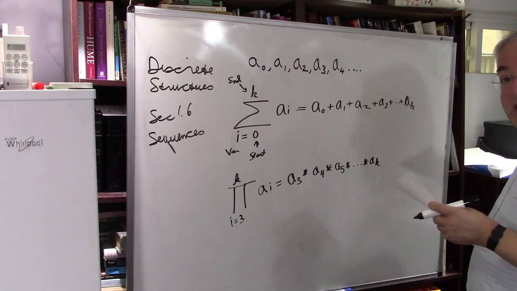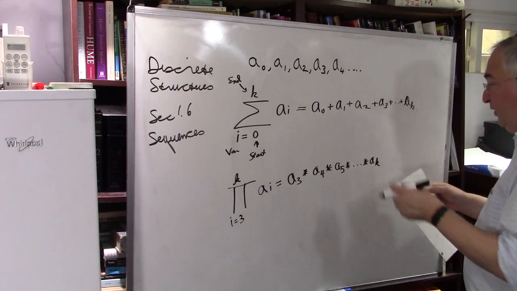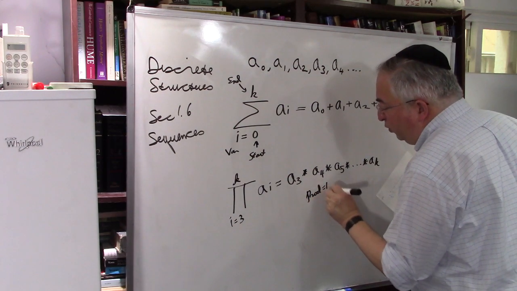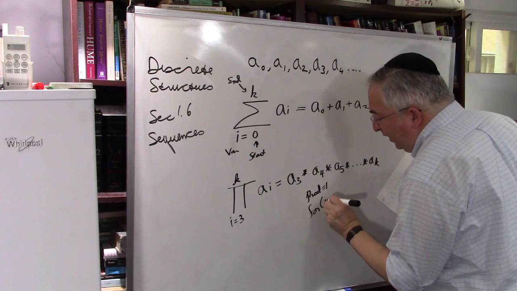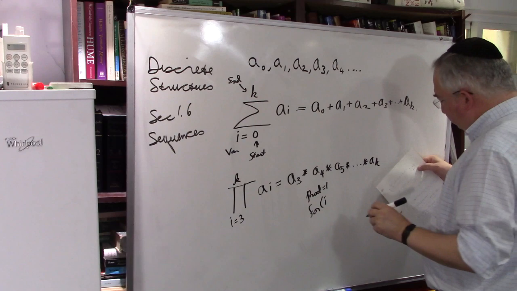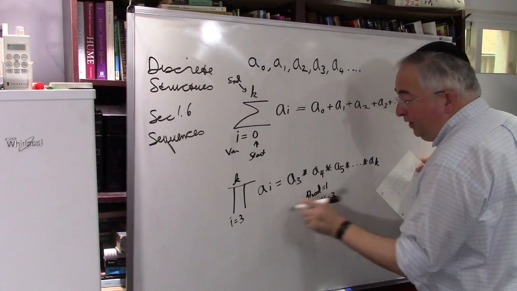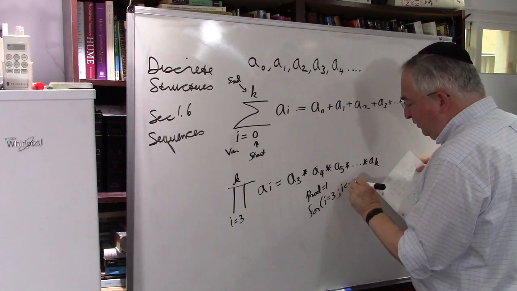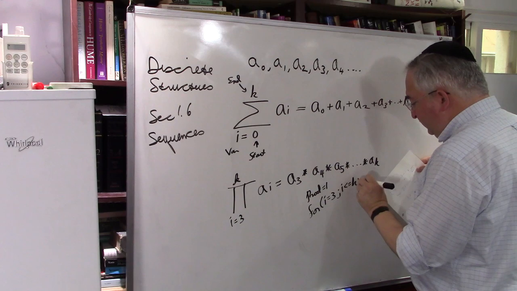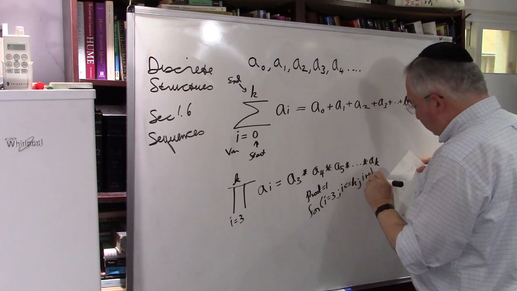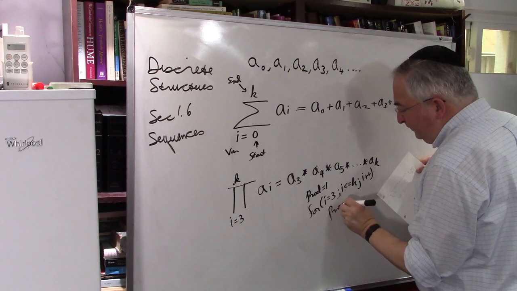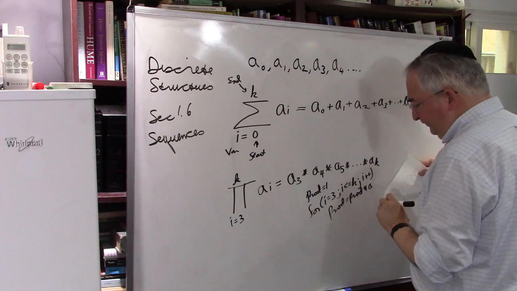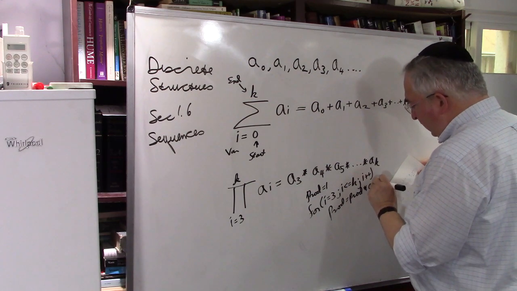you can think of as a loop. I want to show you in terms of a loop. This is prod equals 1, and then you do for, I don't know if this is Java or C++ or something like that, for i equals 3, of course you can start at 0, semicolon, i less than or equal to k, semicolon, i plus plus, prod equals prod times a sub i.